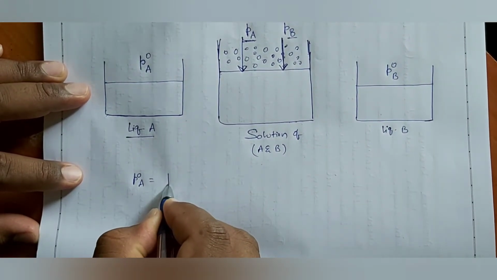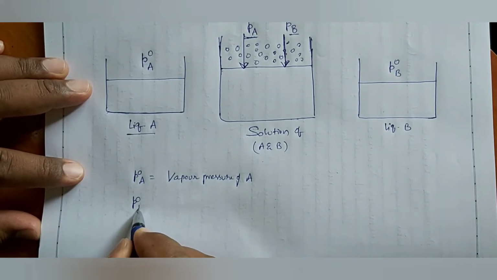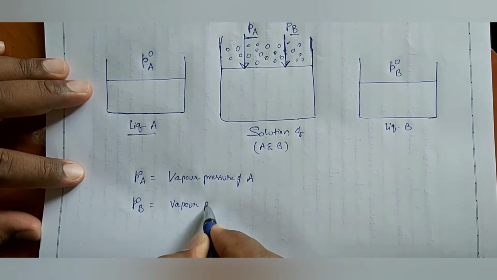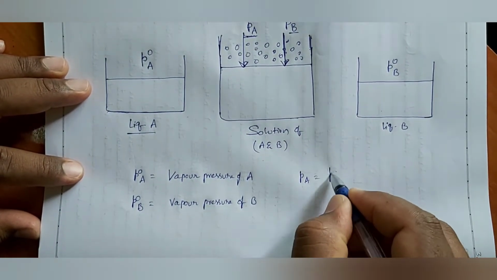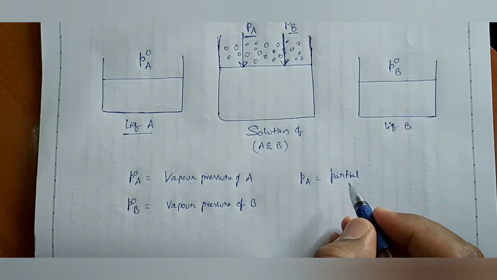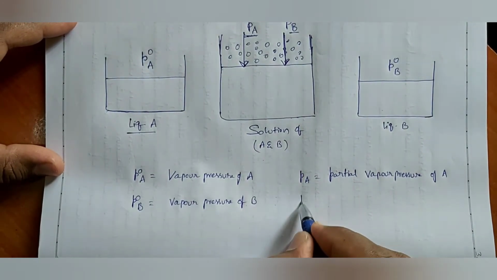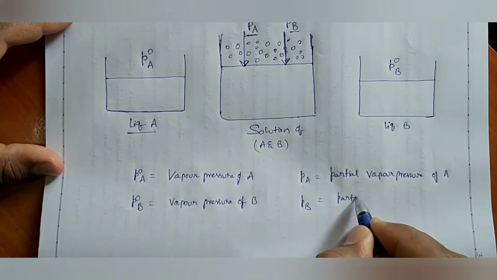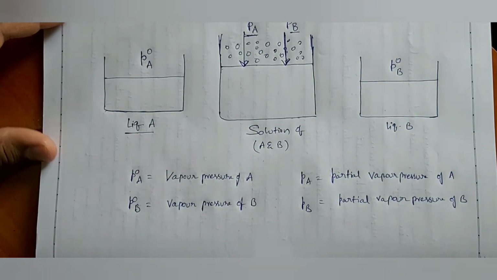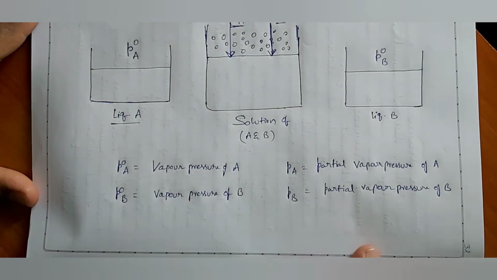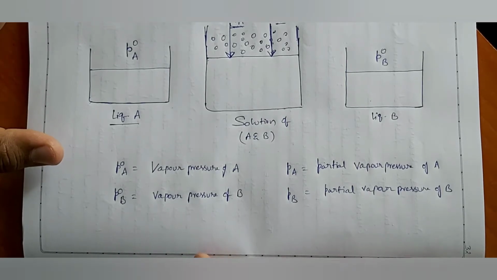P naught of A is equal to the vapor pressure of A. P naught of B is equal to the vapor pressure of B. PA is equal to the partial vapor pressure of A. PB is equal to the partial vapor pressure of B. These are the terms we have got till now: first vapor pressure, and second partial vapor pressure.